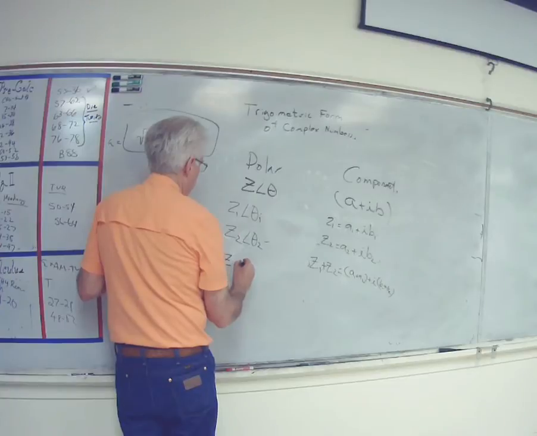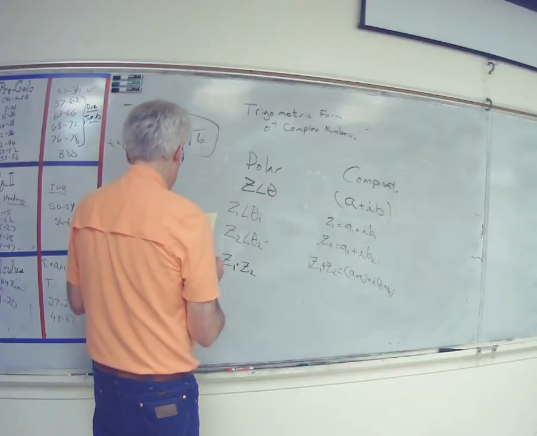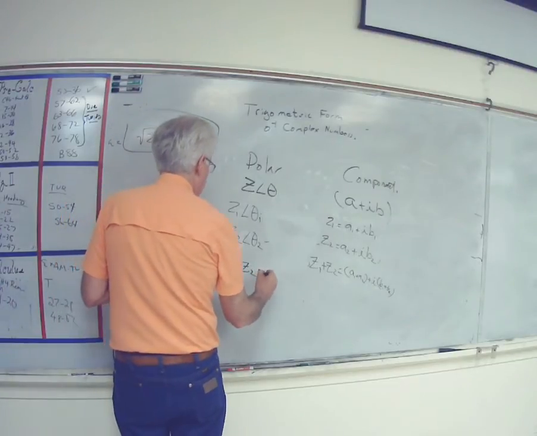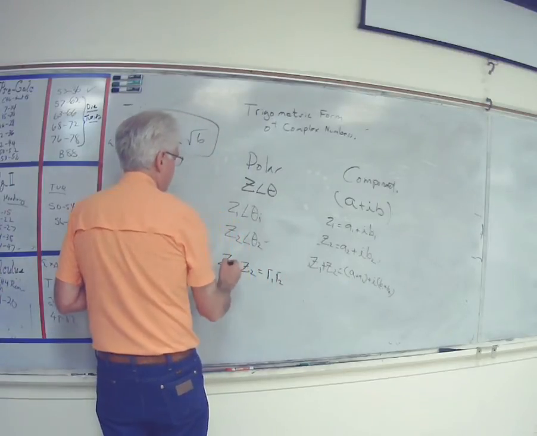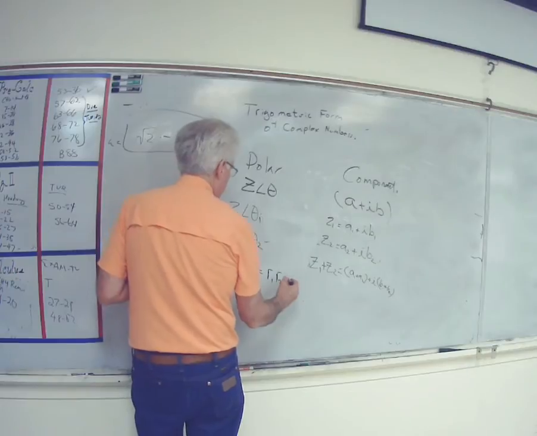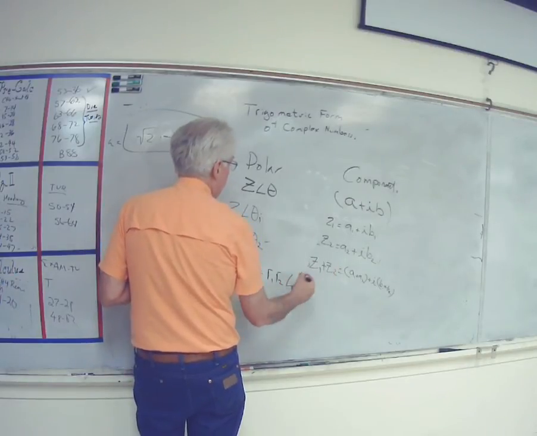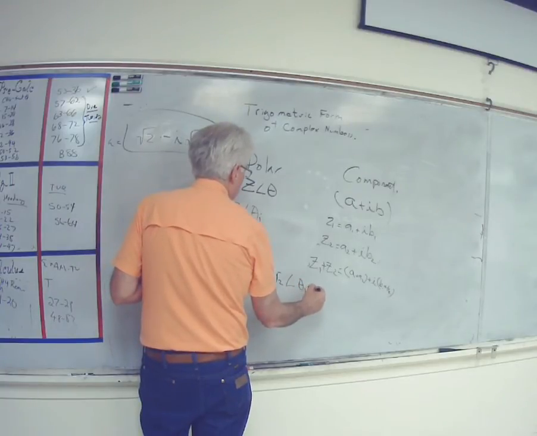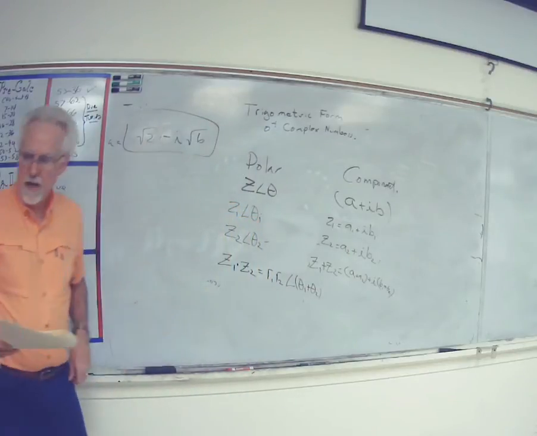Z1 times Z2. If I multiply these two together, it's going to be equal to R1 times R2, the magnitude of Z1 times the magnitude of Z2. And the angle is, be careful, you add the angles. So how do you multiply in polar form?